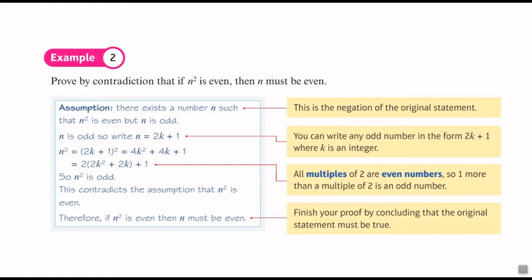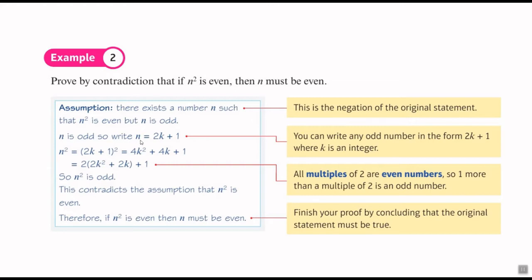So we will assume the opposite of this statement. Assumption: there exists a number n such that n squared is even but n is odd. So here is our assumption, the opposite of the statement. Then n is odd.